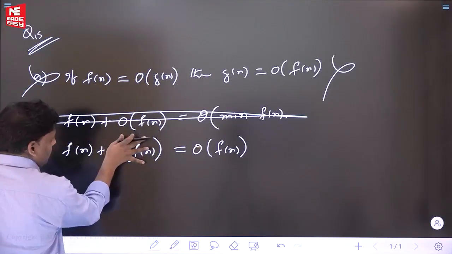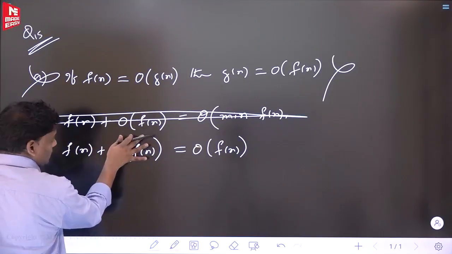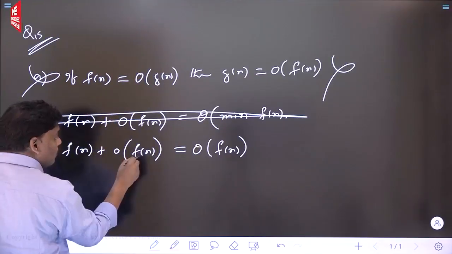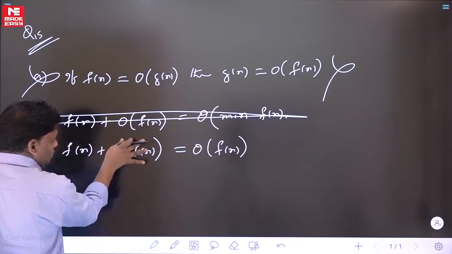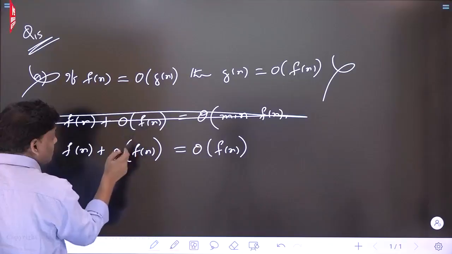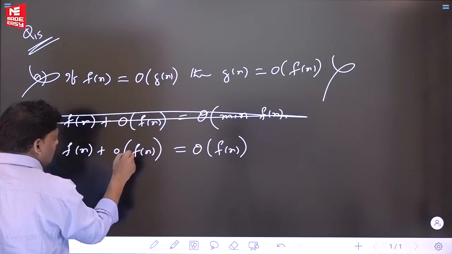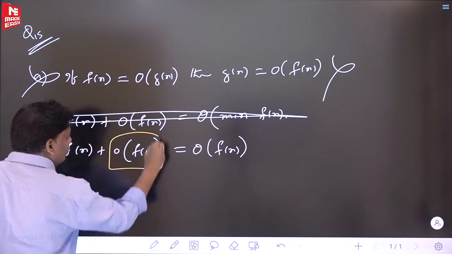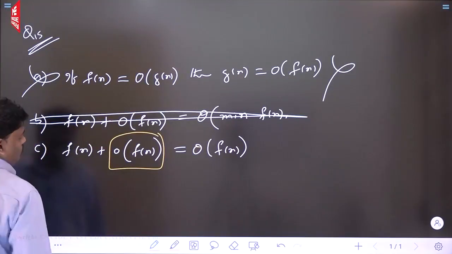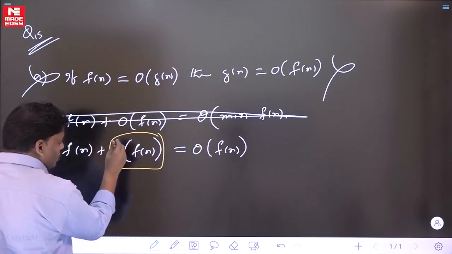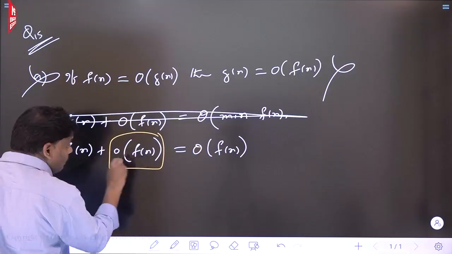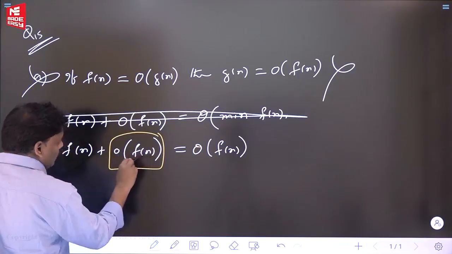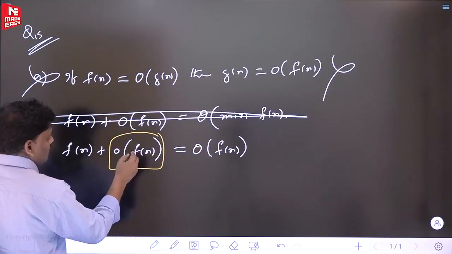Compared to that function, f of n is strictly bigger. The strict upper bound is written, which indicates that the actual function is less than f of n.